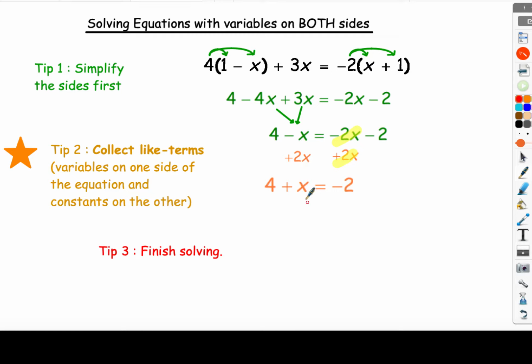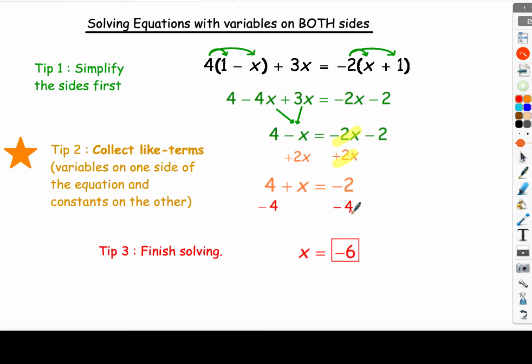And then, hey, look, we only really have one more thing happening to x. Now that x is kind of the only one in there, the only variable left over, let's try to get it by itself. So now let's isolate. It's already adding positive 4. Let's go ahead and get rid of that by saying subtract 4, right? 4 minus 4 will cancel down to 0, and 0 plus x is x.